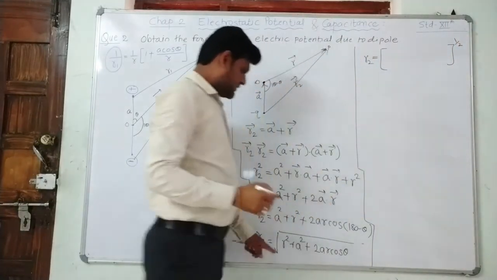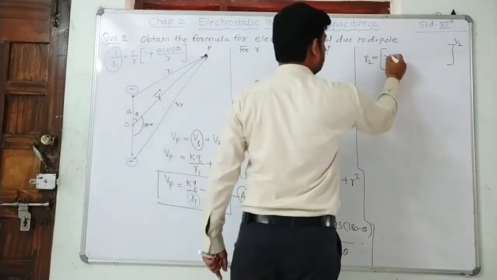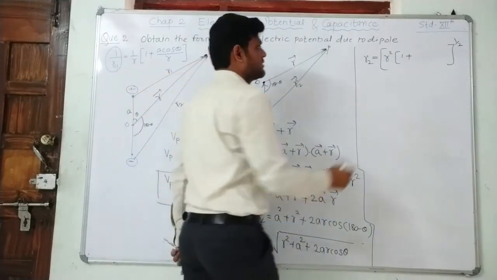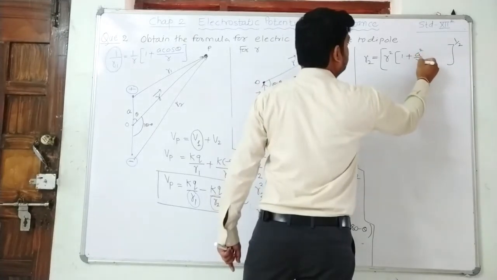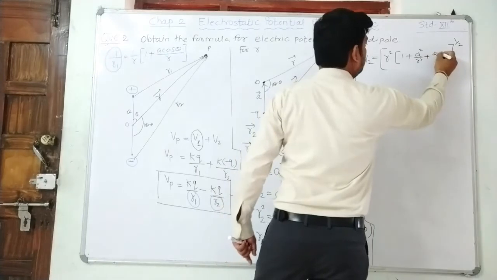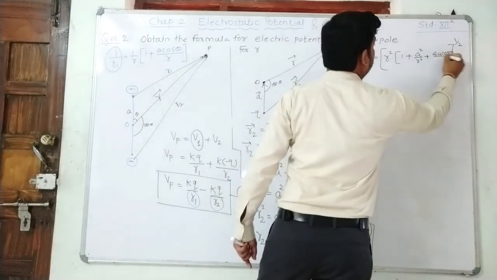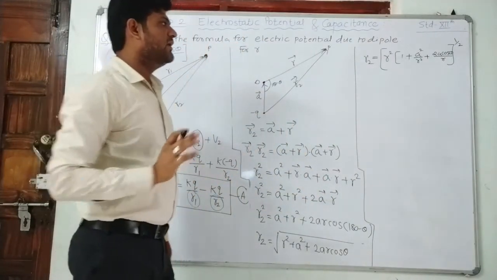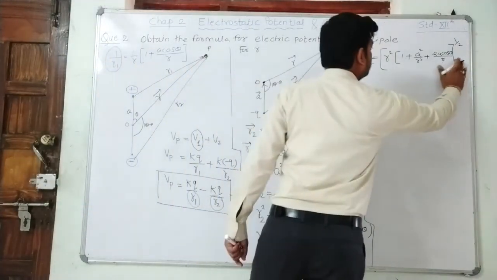What we take outside? r square is taken outside. So 1 plus a square by r square plus 2a cos theta divided by r. One r will cancel, only one r will be there. Correct?